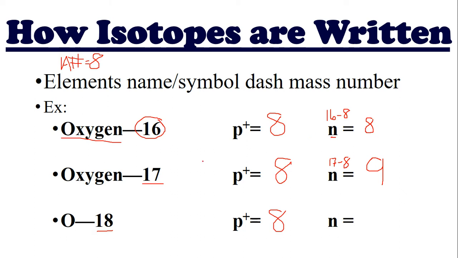The number of neutrons changes because of the mass number. The last one, the mass number is 18, and we subtract the atomic number of 8 from it, and we get 10. So all 3 atoms are the element oxygen. The difference is that the first has 8 neutrons, the second has 9 neutrons, and the last has 10 neutrons in the nucleus of the atom.